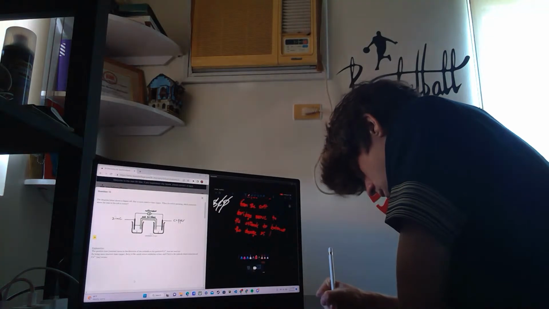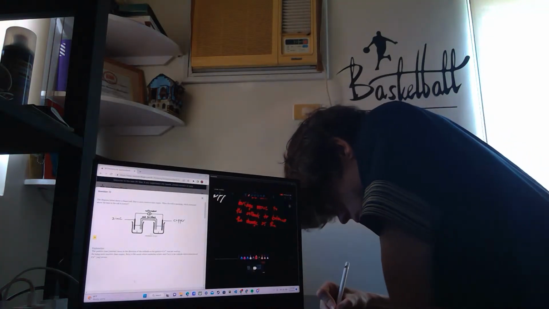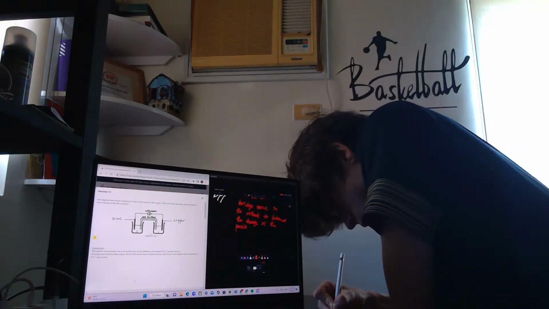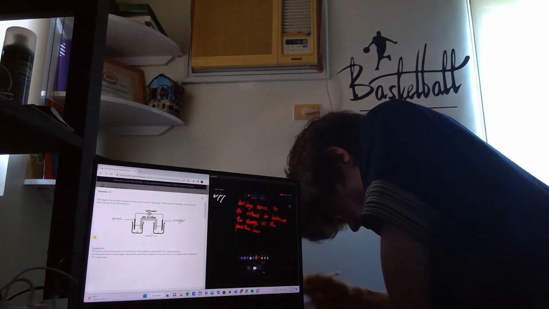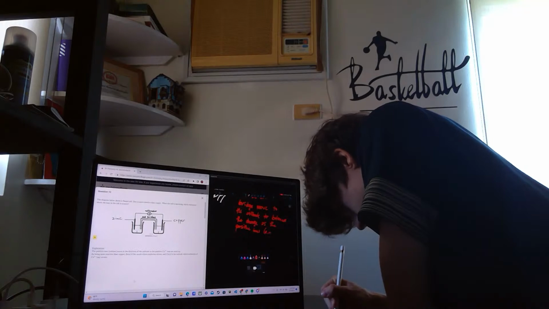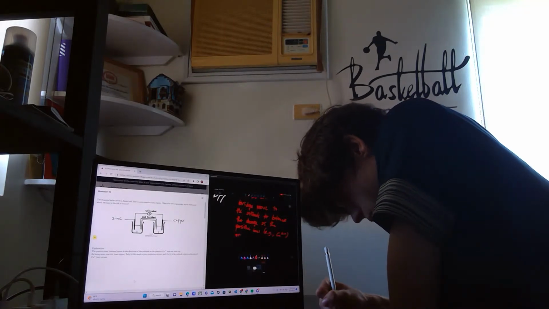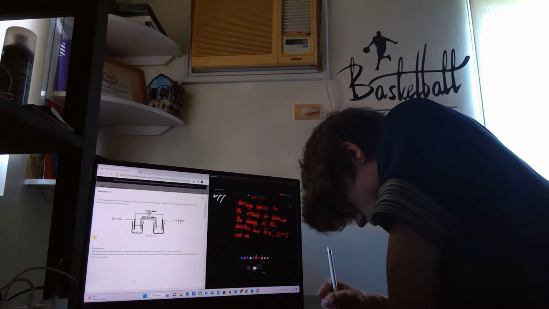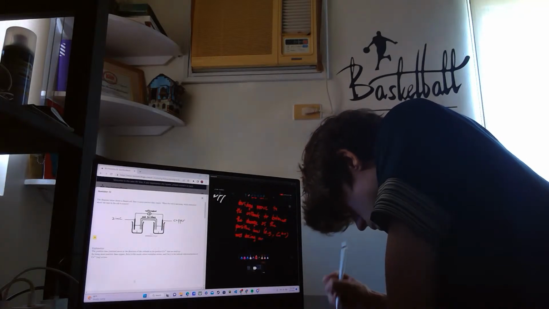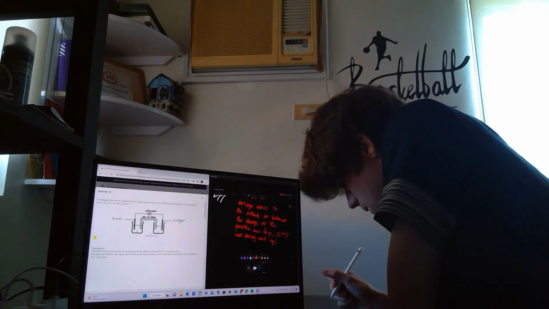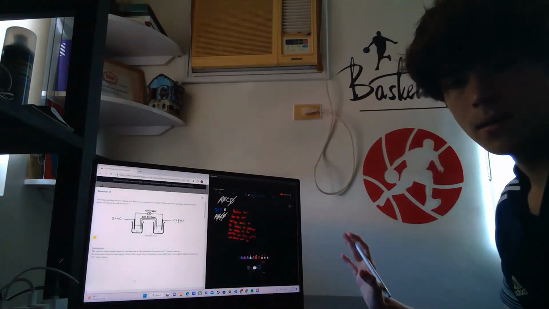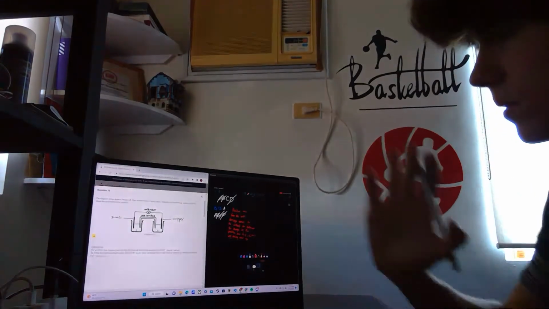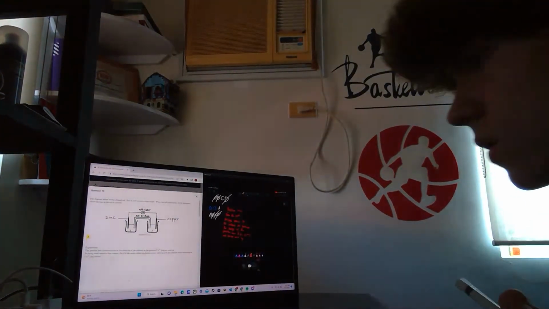As the positive ions are being used up, I'll just write down, for example, Cu2+ are being used up. So that's why B is wrong.